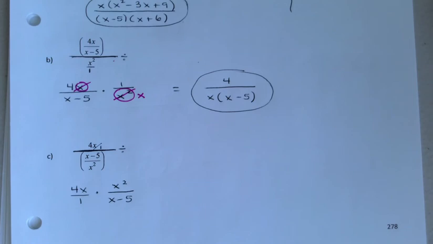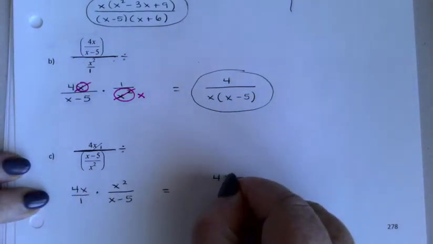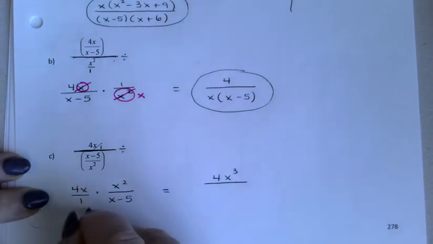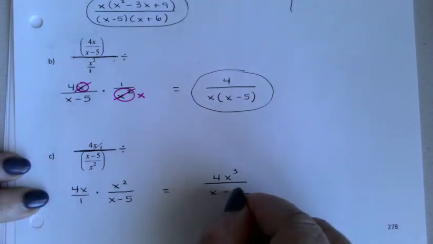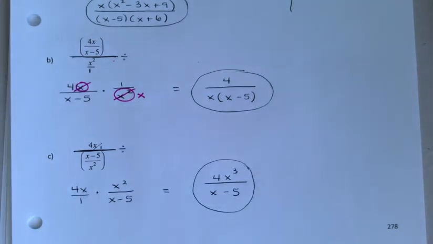Not only is there nothing to factor, but this time there's really nothing that divides out. So I might as well multiply that. That's easy, just 4x to the third. And 1 times x minus 5 is x minus 5. So definitely very different answers to those two problems.